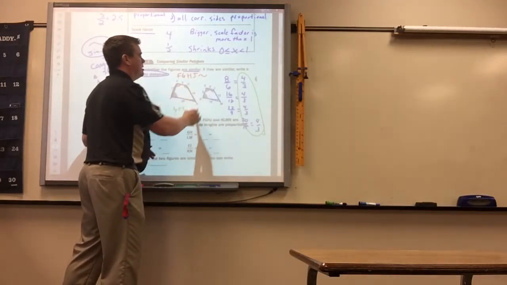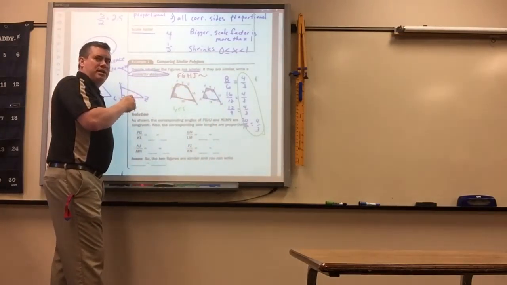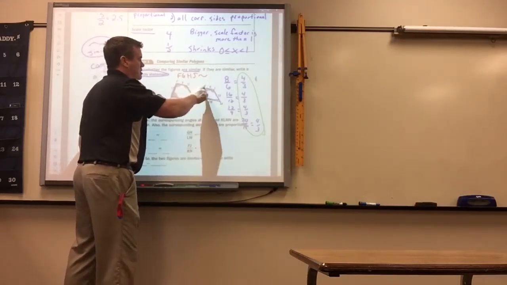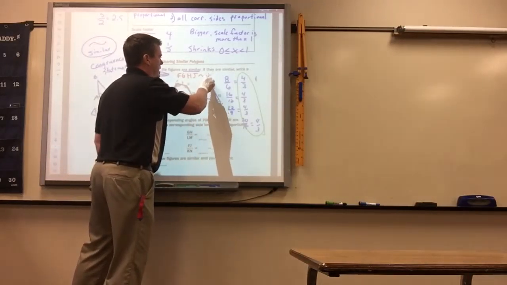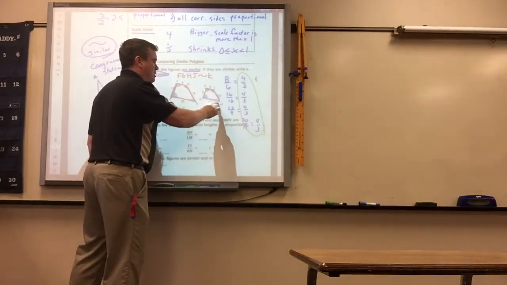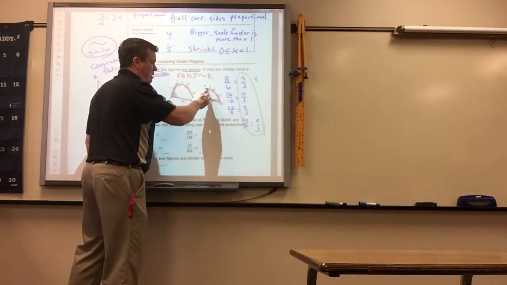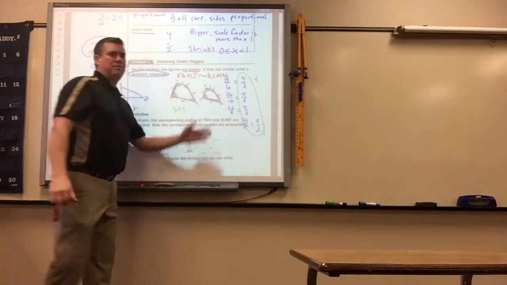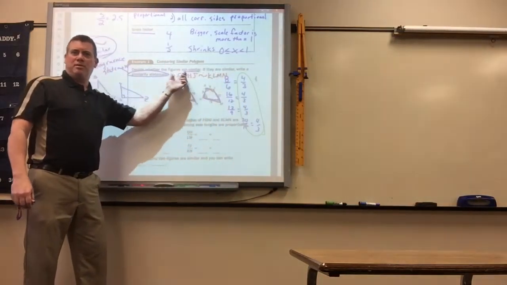It's similar, and then the second one you got to do the same. F and K are in the same position, so since I put F first, I got to put K, and then you just follow it around the same way. FGHJ similar to KLMN. Everyone understand what I mean when I say they gotta be in the same order?